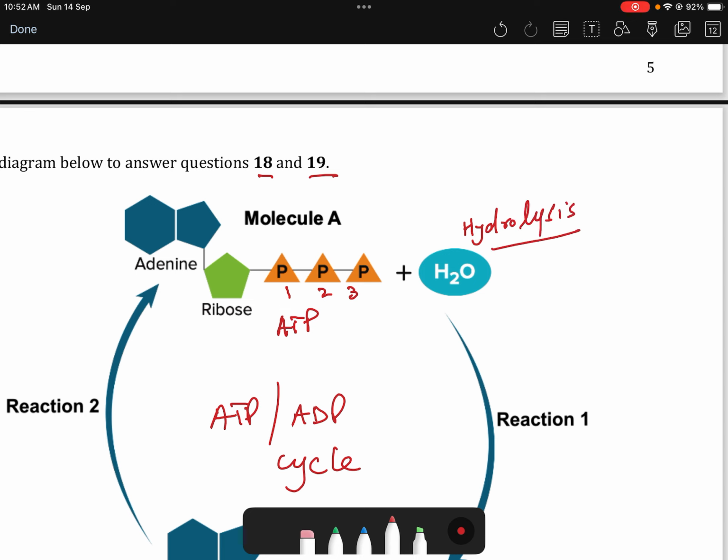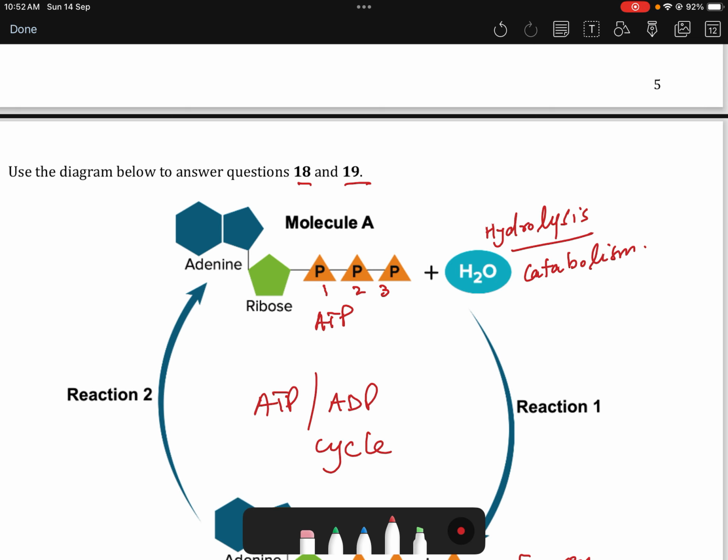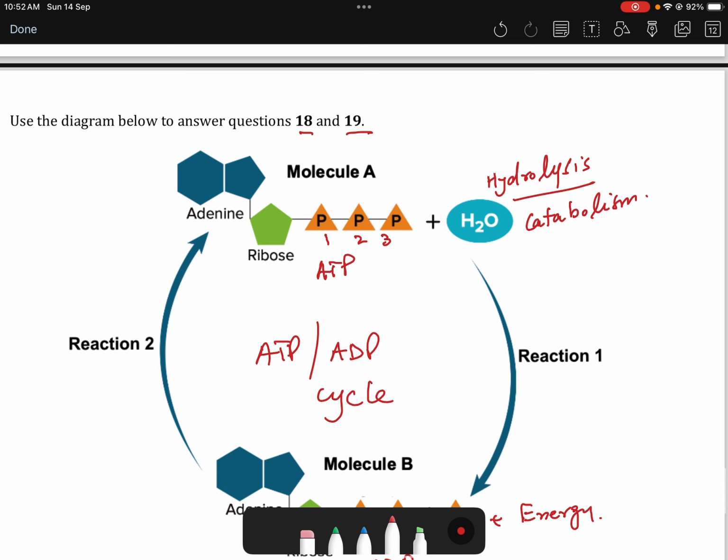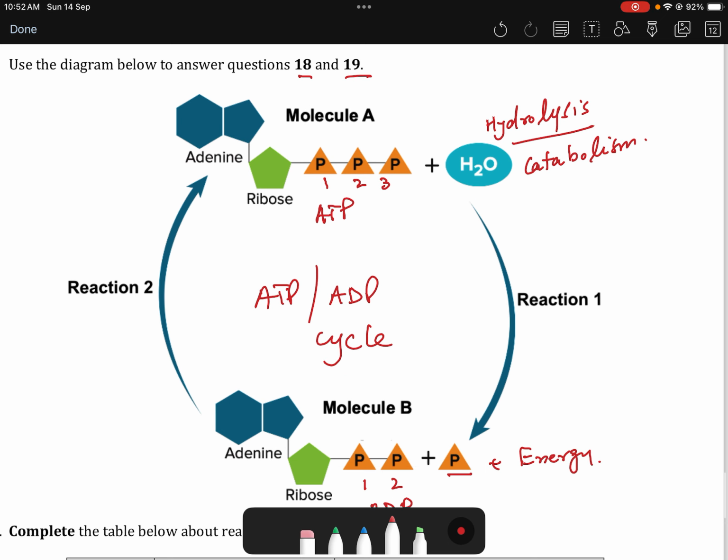We have learned the same hydrolysis name as catabolism. So if you see hydrolysis or you see catabolism, they mean the same. So this is hydrolysis or catabolism, and this is a catabolic reaction. Okay, why? Because it releases phosphate and energy is released.